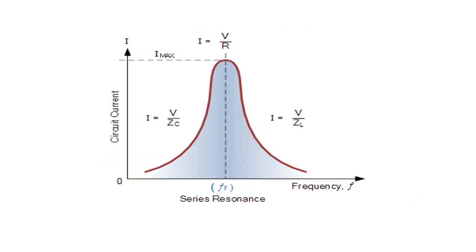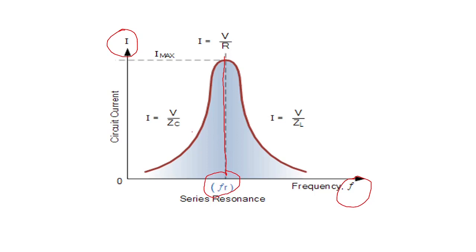Similarly, you can show the graph for current. Here we have taken the x-axis as frequency and the y-axis as current, and this is the resonant frequency at which series resonance takes place.